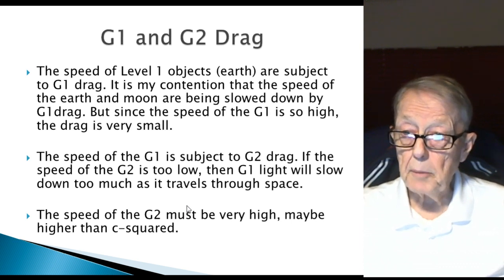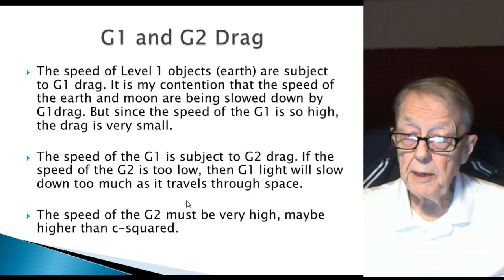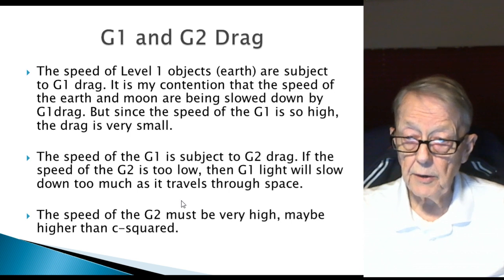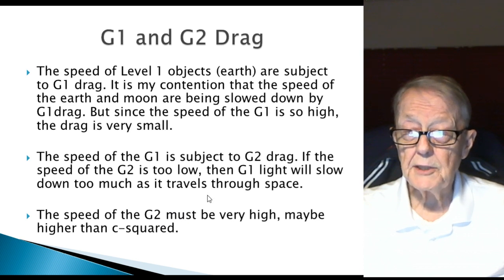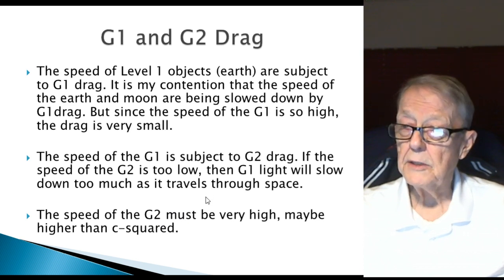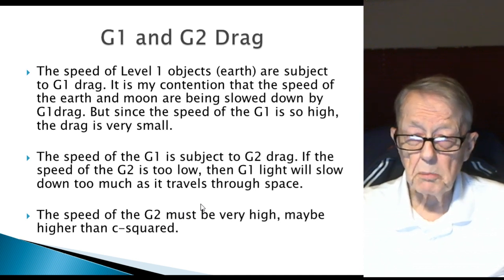And although it's my personal opinion, it does slow down. If it's going to maintain its speed over a long interval of time, then the speed of the G2 must be high, and in a sense it must be higher than c squared over the speed of the Earth. Probably much higher than that.